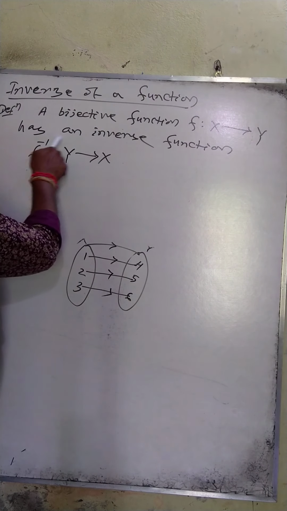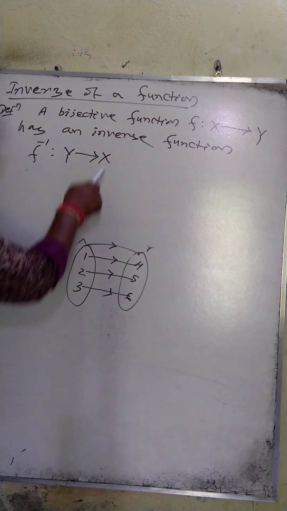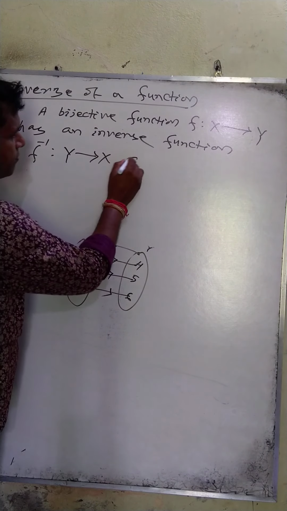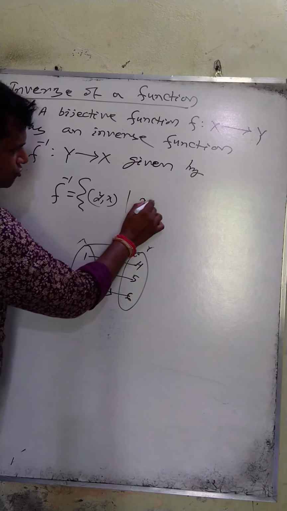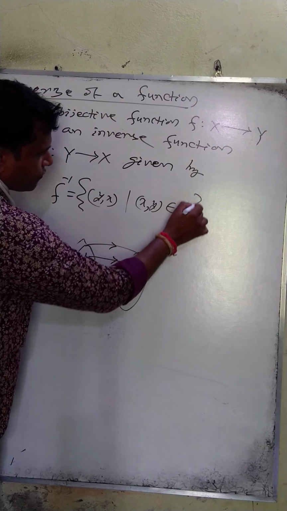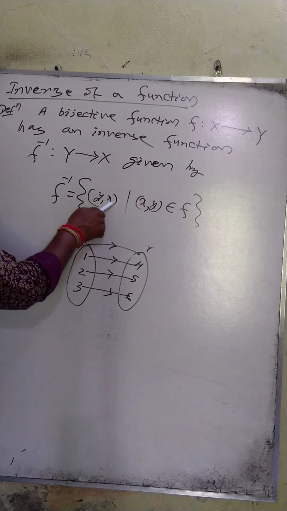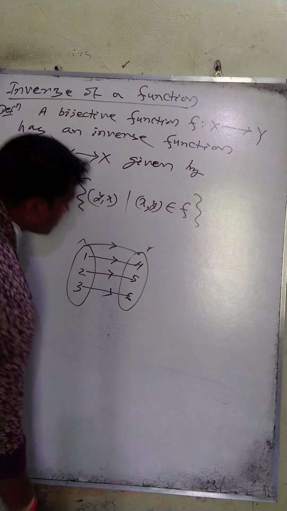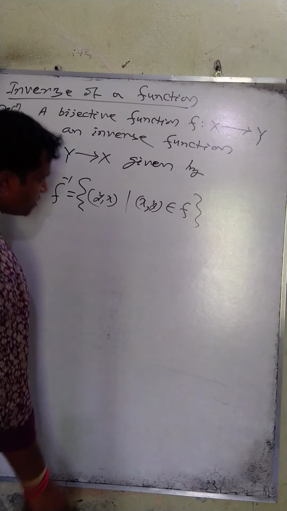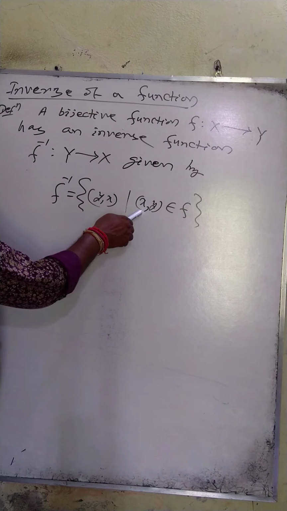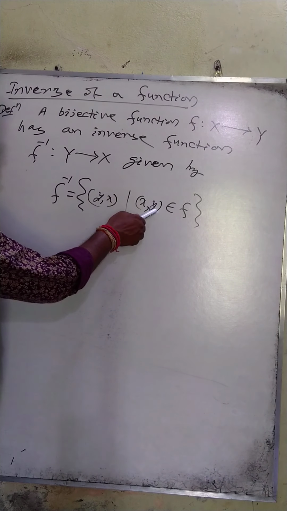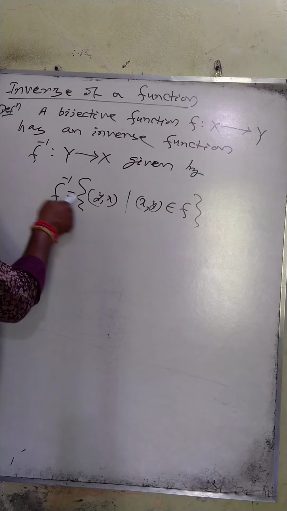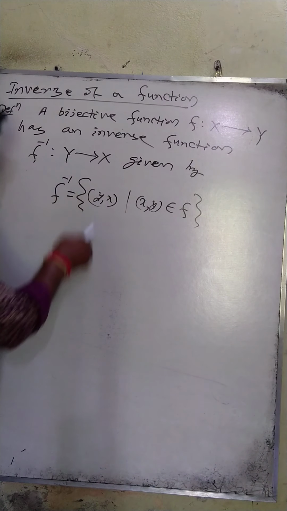The inverse function f inverse: Y to X is given by f inverse equal to {(y, x) such that (x, y) belongs to f}. That means if f is a function and an element is in the order (x, y), then in the function f inverse we write it in the order (y, x).